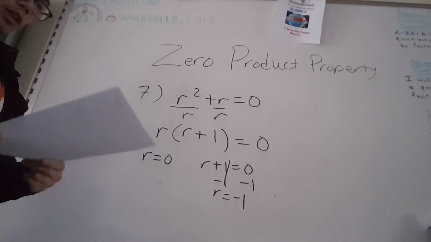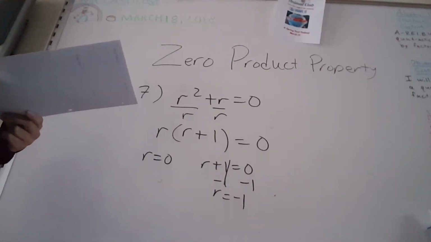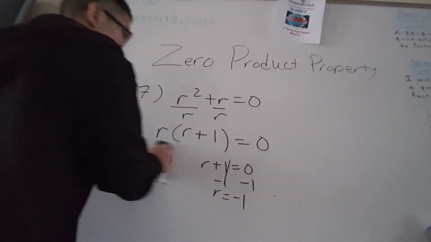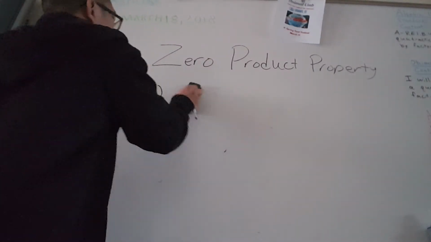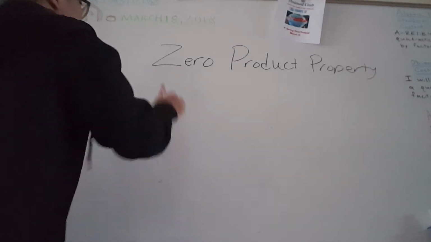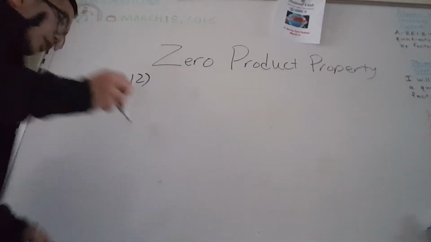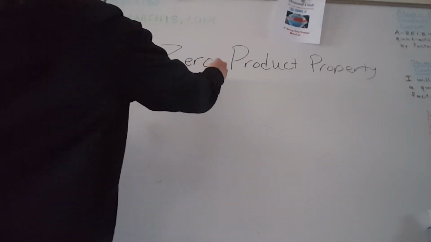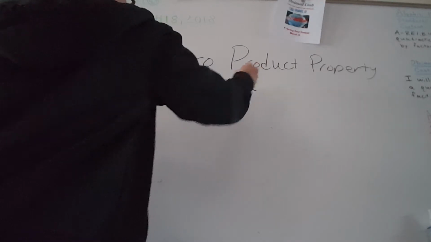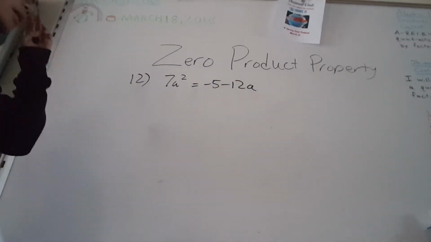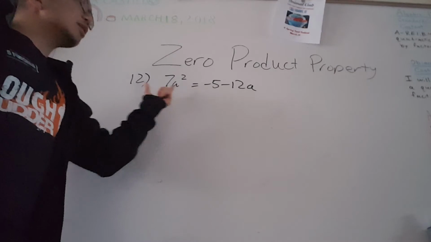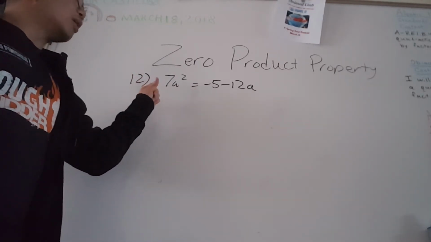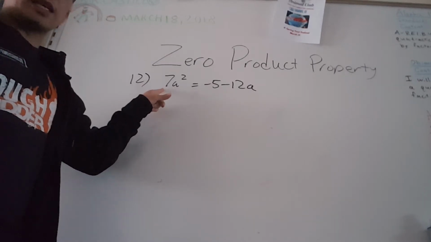Now, the last one we're going to do is number 12. Okay. So, here's number 12. I have 7a squared is equal to negative 5 minus 12a. So what I'm going to do is I want everything to equal 0. I also want to keep the 7a squared positive.